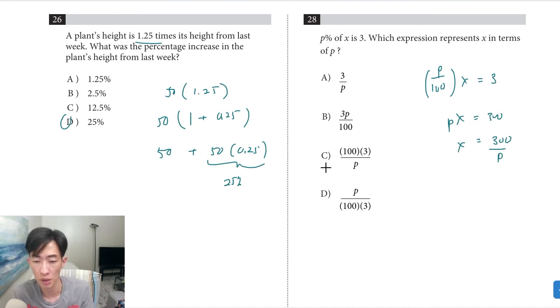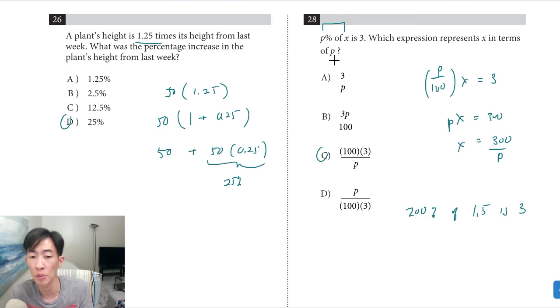Notice that the closest answer is going to be choice C, because 100 times 3 is going to be 300. If you're picking numbers for this, you just have to make sure that this statement is true, because they're giving you a 3. So for example, 200% of 1.5 is 3, that'll work, because obviously 3 is double 1.5.